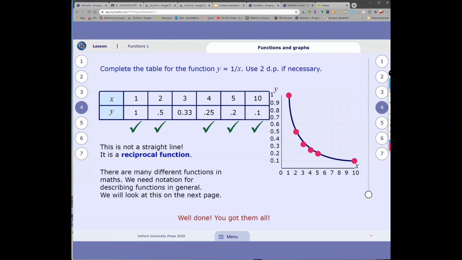And there's lots of different types of functions. Okay, it's like languages. There's all sorts of different ways of describing something using a different language. Okay, functions are the same way. You can describe different shapes using different functions.